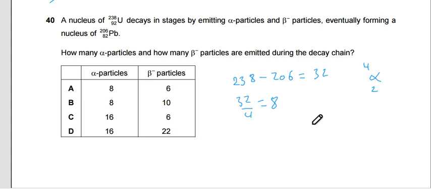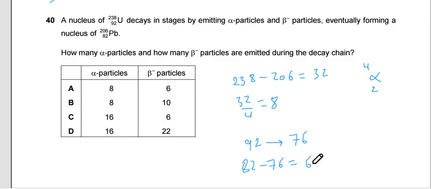For the atomic number, it moves from 92 down by 8 times 2, which is 16, so 92 minus 16, we should move to 76, but we have here 82, which means an increase from the 76 by 6.